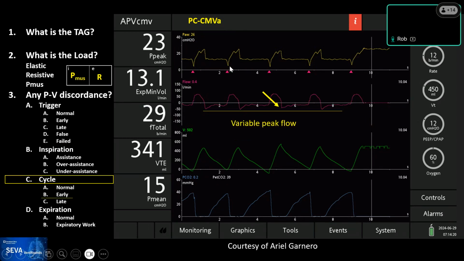So if the P-mus extends beyond the set inspiratory time, then it's going to distort the peak expiratory flow. And we see that because the peak expiratory flow is all over the place, right? An inspiratory effort that continues in the expiratory phase will cause the peak expiratory flow to go towards zero, particularly with this one that is distorted.